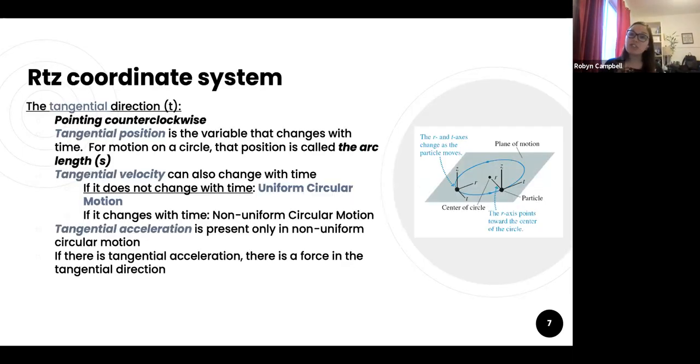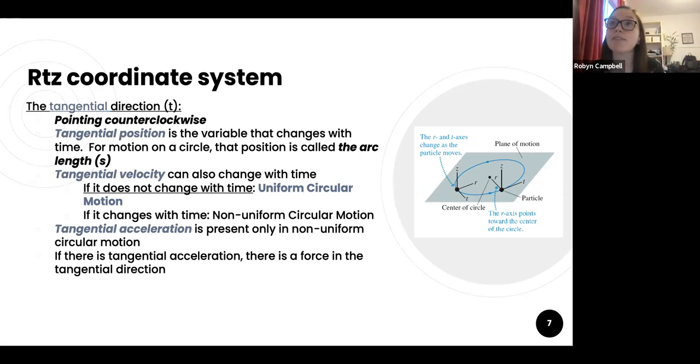Next we have the tangential direction, which is of course tangent to the circle. That is a variable that could change with time. So we have two options: uniform circular motion and non-uniform circular motion.